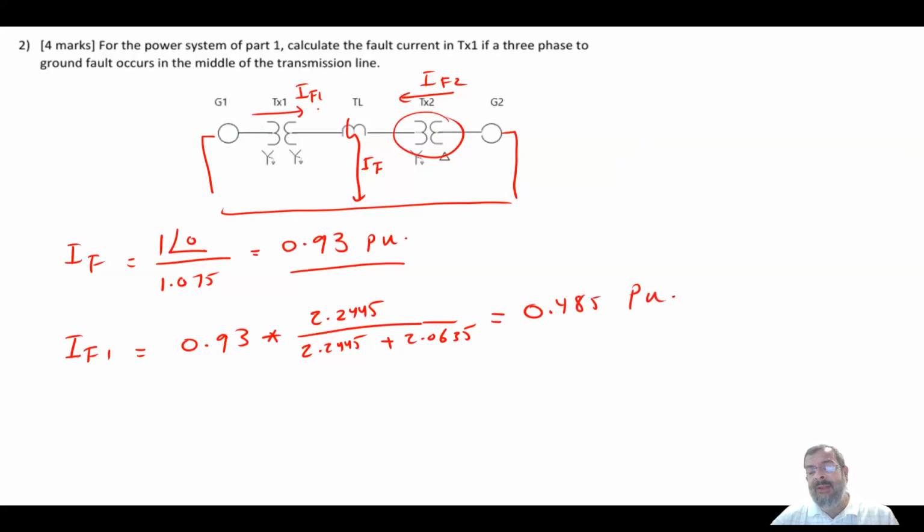This is what is coming from this side, from transformer 1. From transformer 2, you will have 0.93 minus 0.485. That would be the contribution from the other side. So this is how we deal with a symmetrical fault. In the next video, I will try to cover how we can handle such a question when we have unsymmetrical faults.